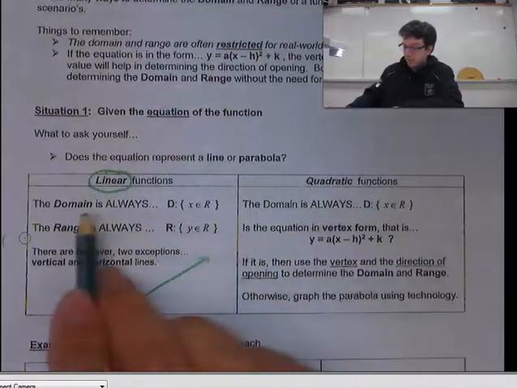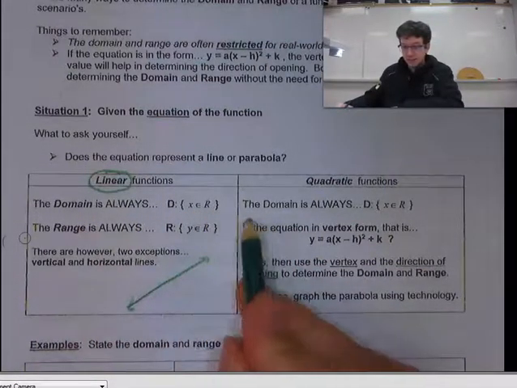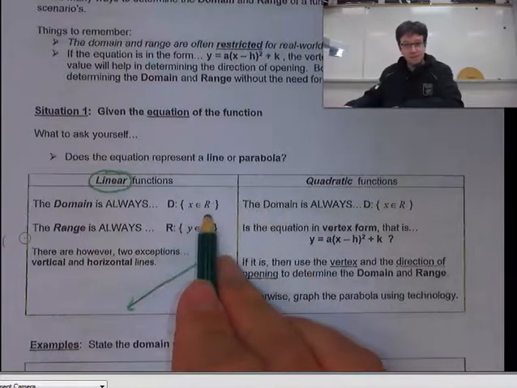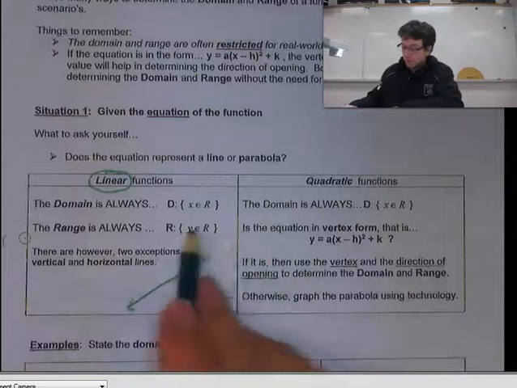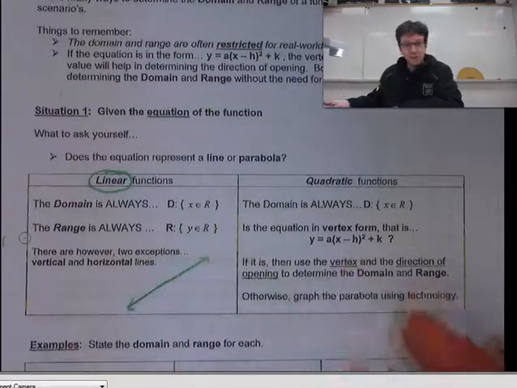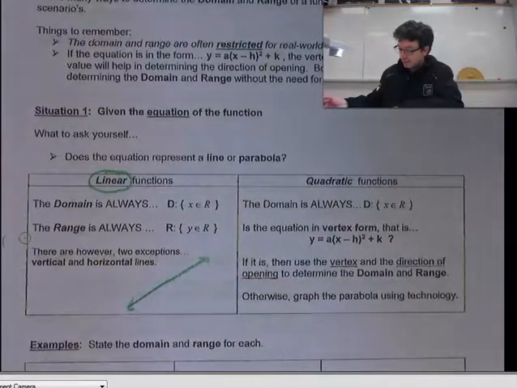So we would write the domain as x ∈ ℝ, meaning x is all real numbers. And then we have the range, which again is all real numbers, which is on our vertical axis. So that's not too bad.